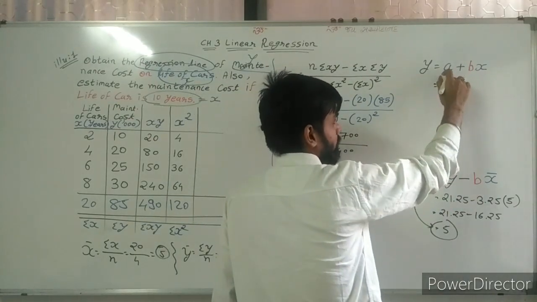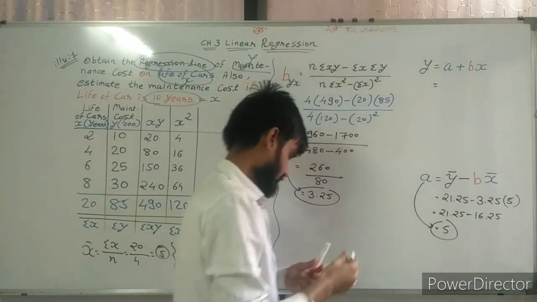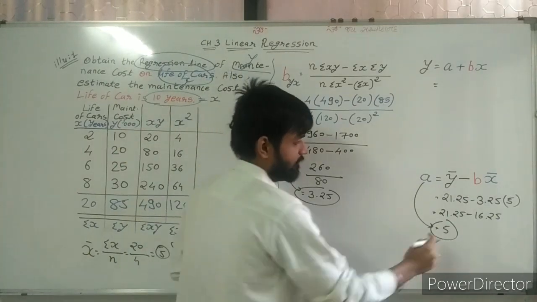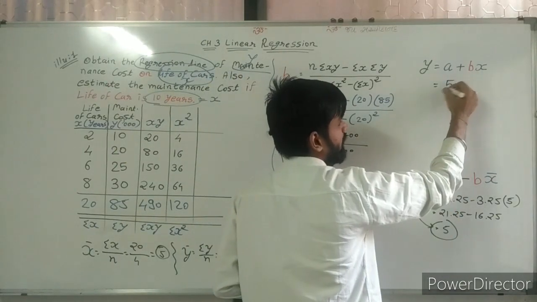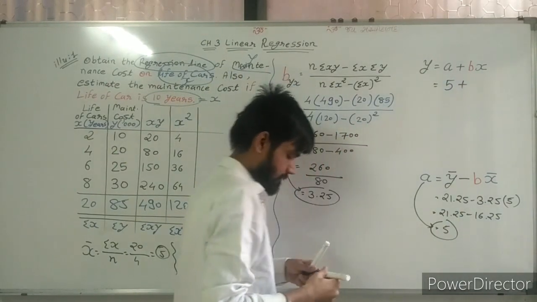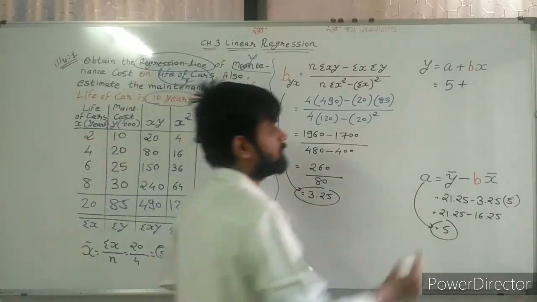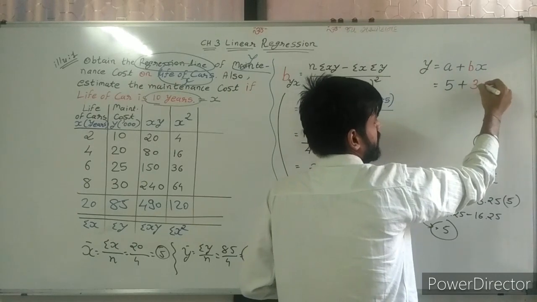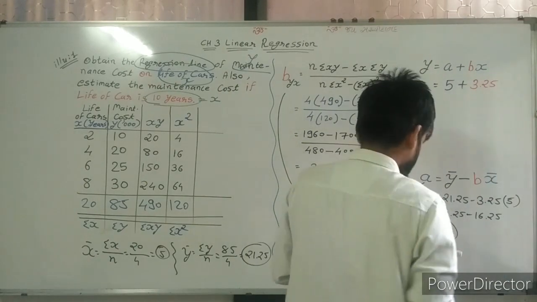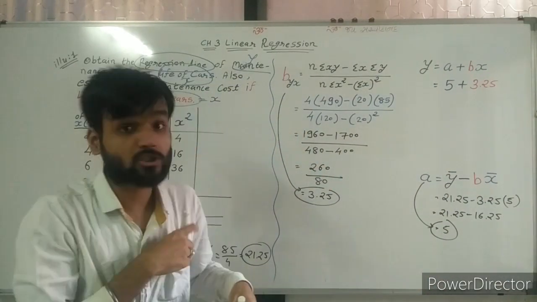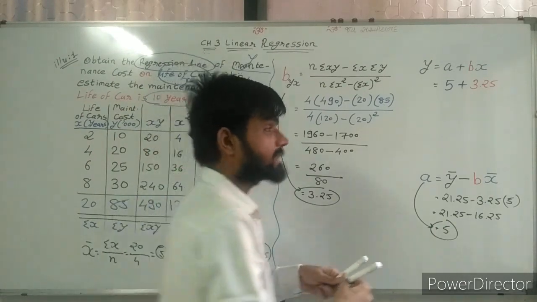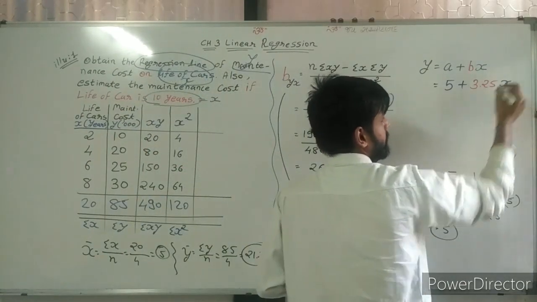Now the value of A is 5. So I am writing here 5 plus the value of B, which we also know is 3.25. So write here 3.25. For the value of X, first don't write a value; X is as it is.